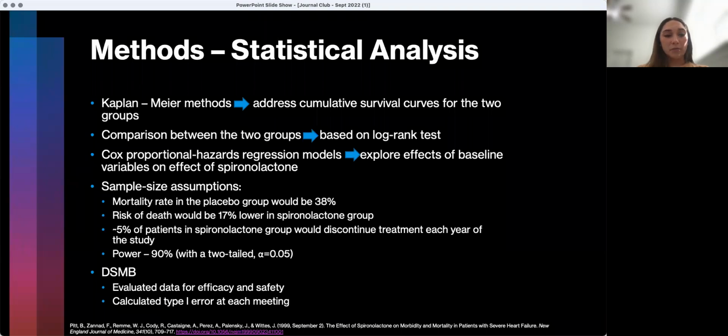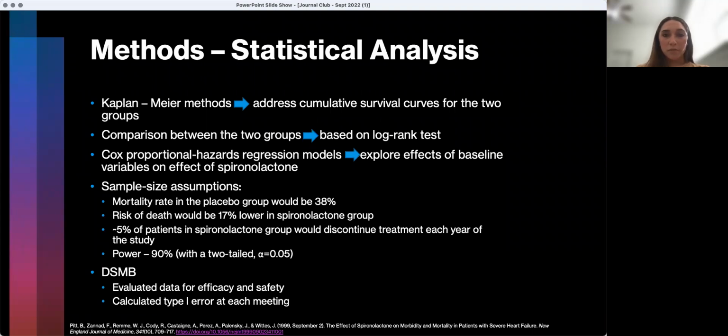The second assumption was that the risk of death would be 17% lower in the spironolactone group, and that about 5% of patients in the spironolactone group would discontinue treatment each year of the study. And you'll see in the results coming up how some of these numbers adjust to what actually happened. The power was set at 90% with a two-tailed test and an alpha level of 0.05.